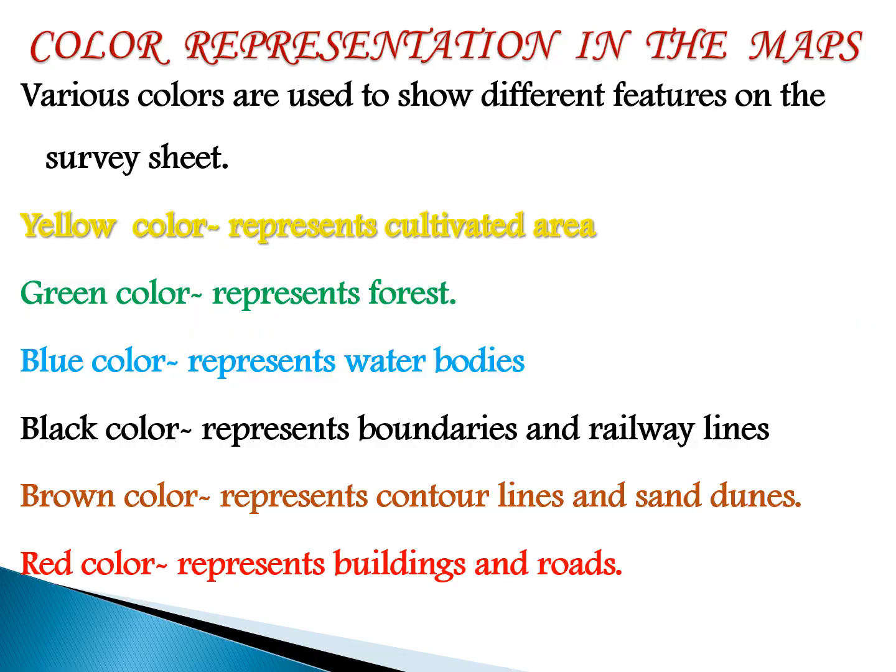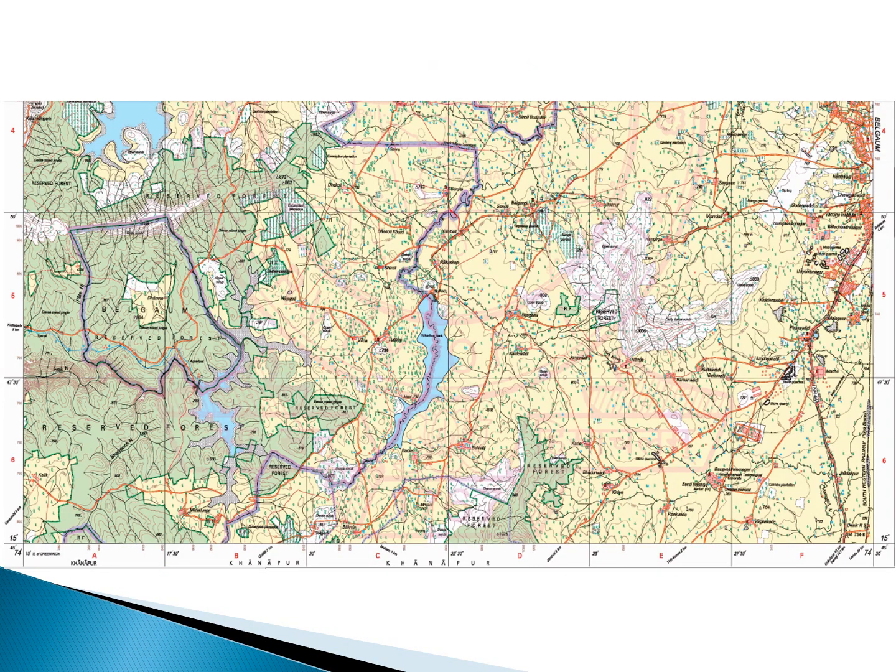Okay. Then, just as an example, I have taken a small area of the map wherein you can see different colors. So this is the red color, which represents the city. You can see here this is a map of the Belgaum area, wherein Belgaum city is shown here. And you can see with the green color the reserved forest.